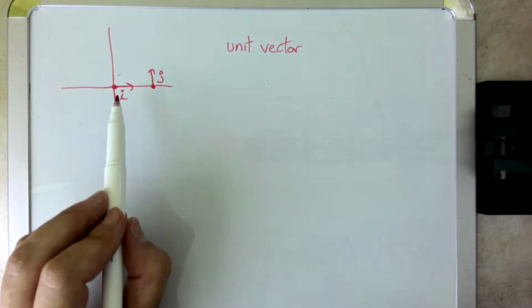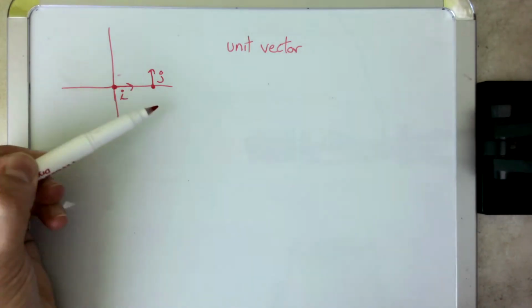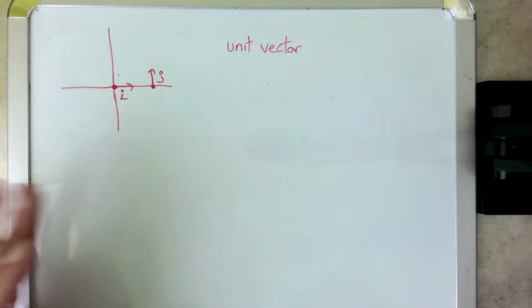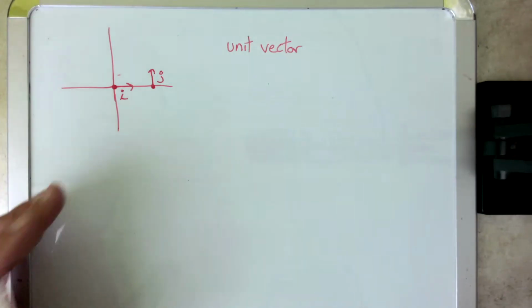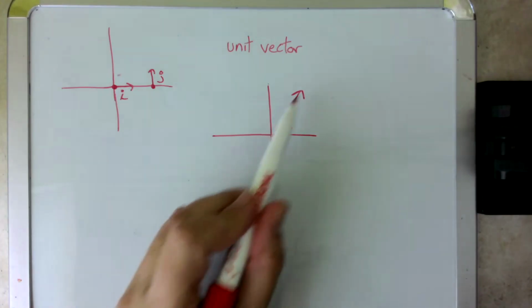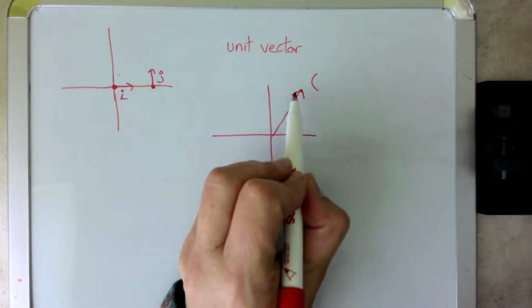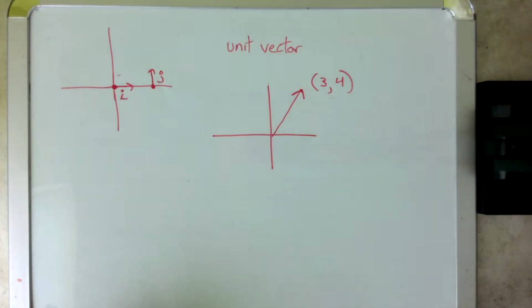Knowing that i represents 1 unit in the x direction and j represents 1 unit in the y direction, that means we can start describing vectors as a combination of i's and j's. So for example, let's say we have this vector, and we know that it terminates at the point (3, 4).